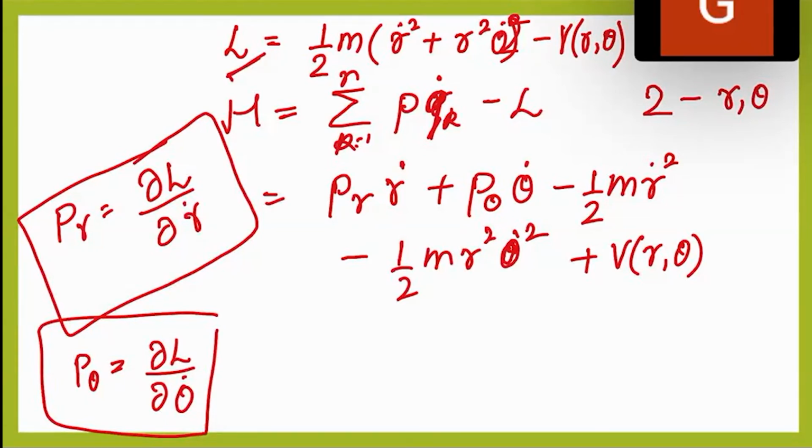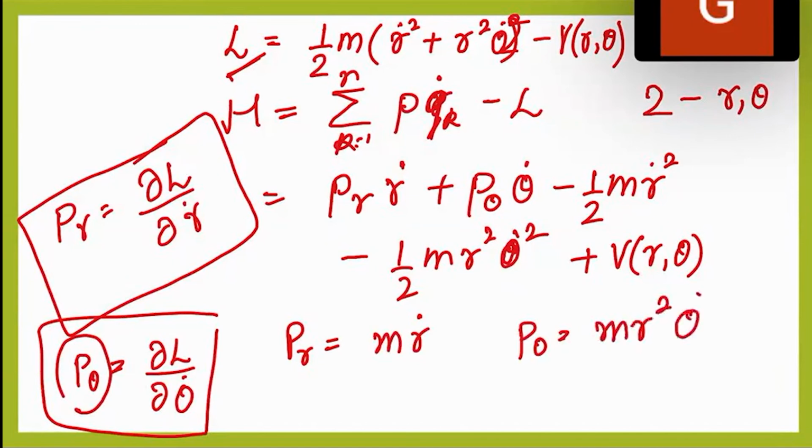Then for p theta, find del L by del theta dot. So p r comes out to be simply m r dot. Similarly, p theta will be m r square theta dot.